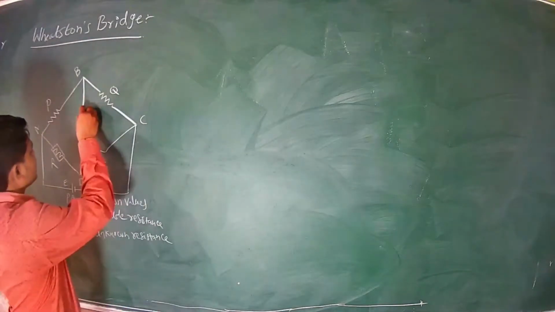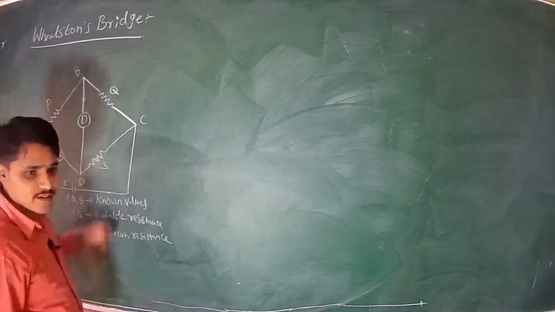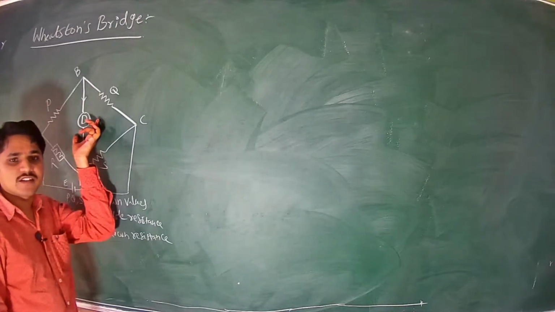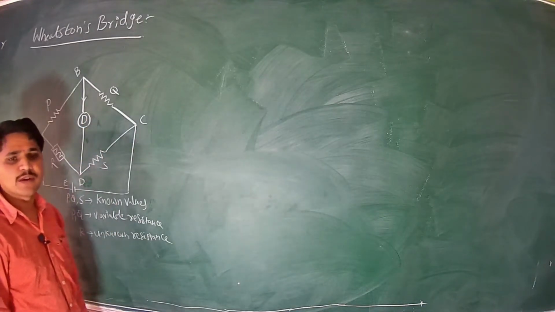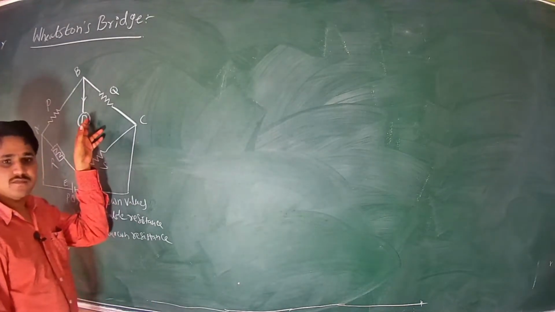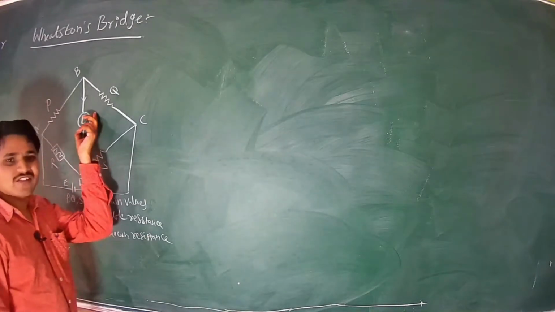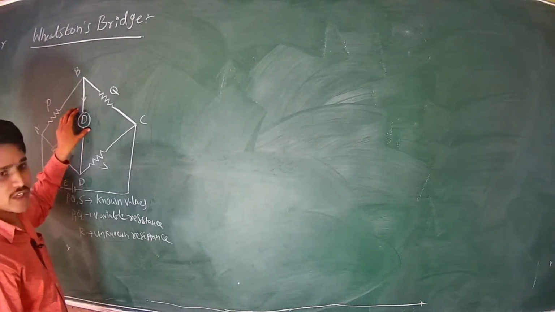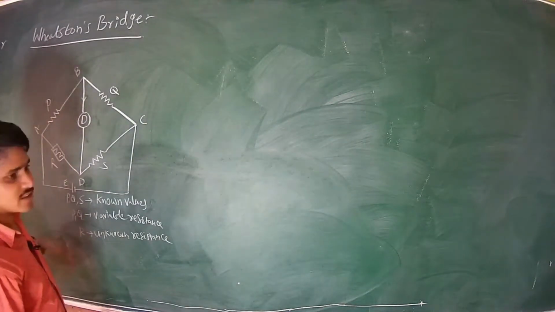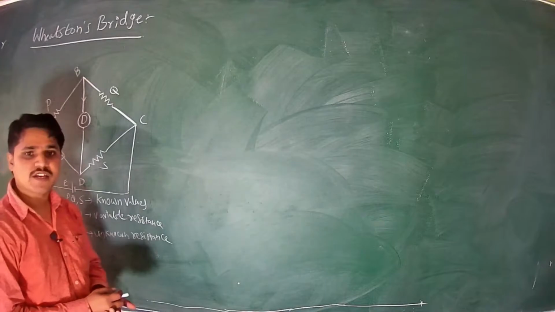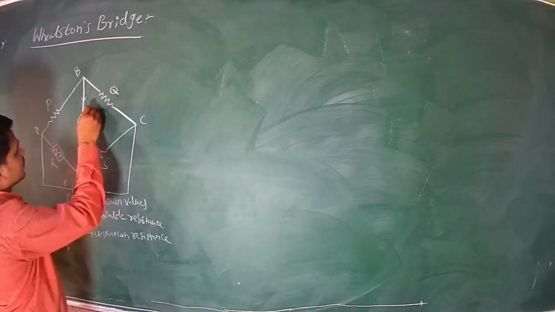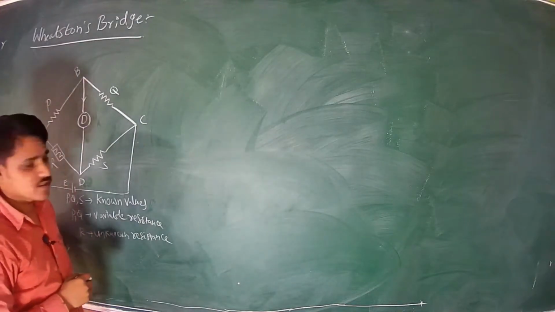The detector may be a galvanometer, or simply headphones or a CRO. We have to make sure that the galvanometer current must be 0. That is the bridge balance condition.